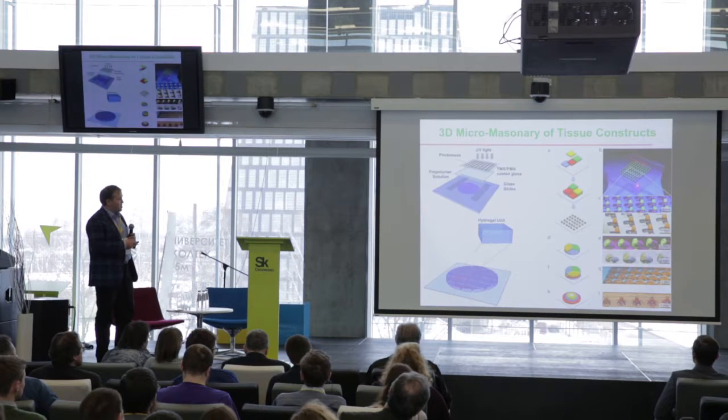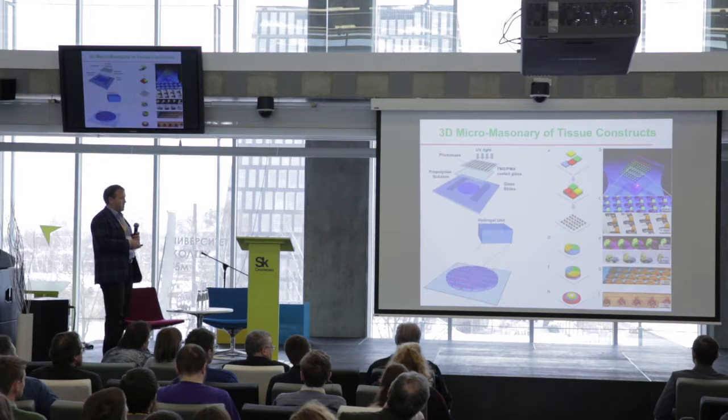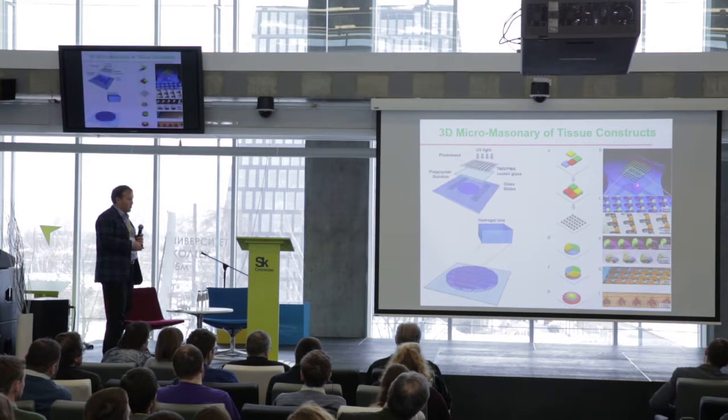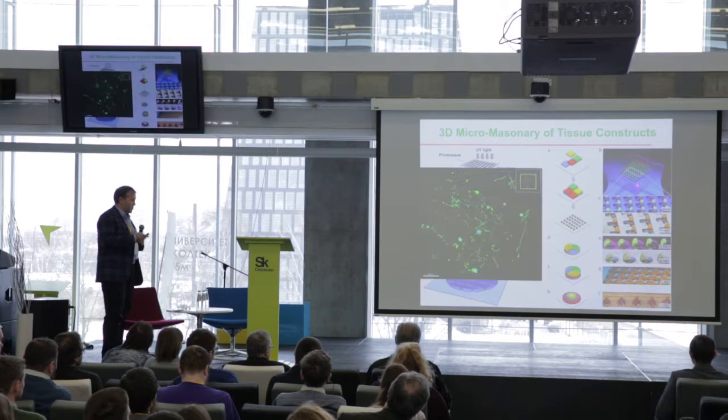Our initial thinking was that we could use multiple masks to build different layers of constructs in 3D, but there is a limit to it because after some point, as you build higher and higher, your control over the geometry is not as accurate as you would like it to be. So we really need higher throughput systems to assemble things.